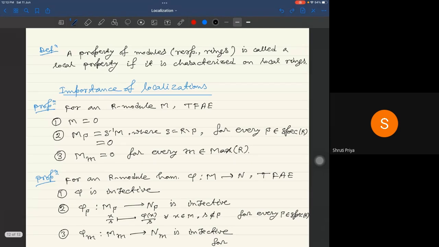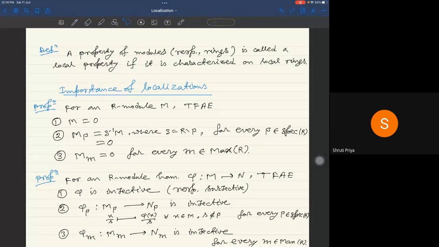Okay, so this is injective for every maximal ideal of R, and similarly you can verify that, respectively, surjectiveness.